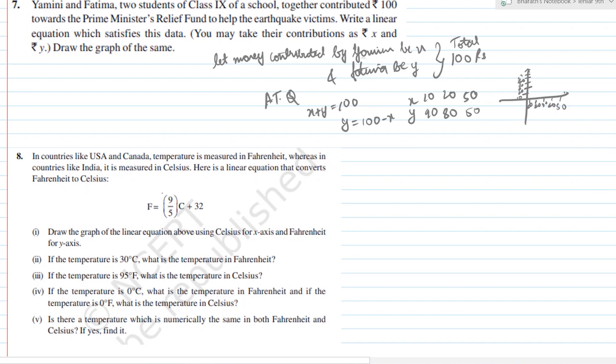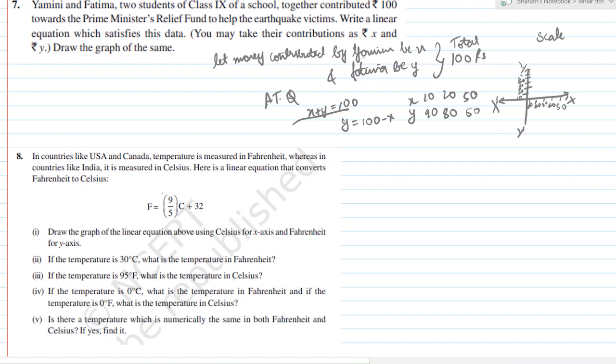And you'll be making this x, y, x dash and y dash, right? But here everything will be the same. We'll be drawing the line and naming this equation, everything, but the scale will be different.